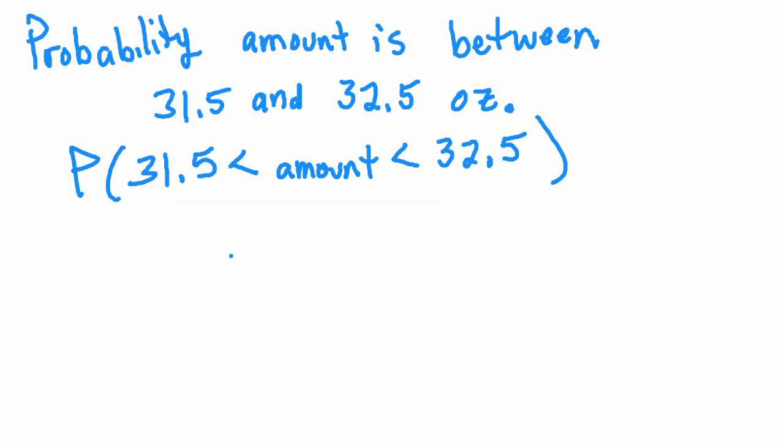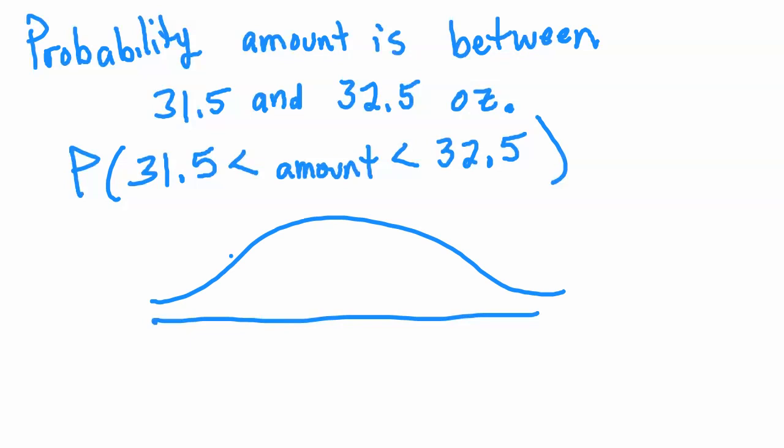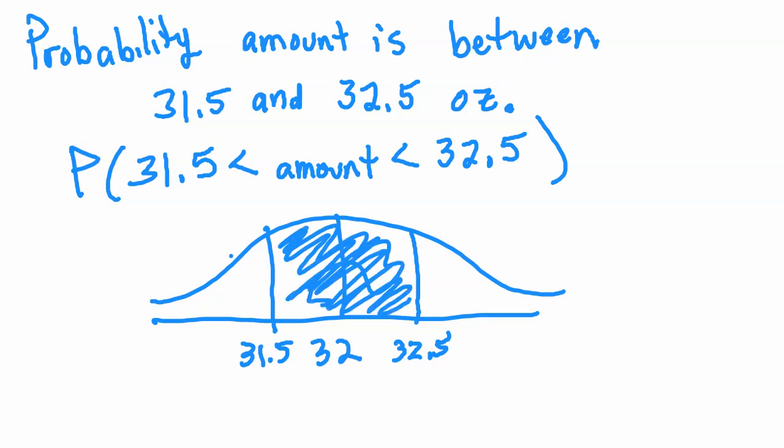Well, first, let's draw a picture. I always like to draw a picture. 32 in the middle, 31.5 is on the left, 32.5 is on the right, and I want this area here. Probability is the area. Okay, so go right to our calculator.